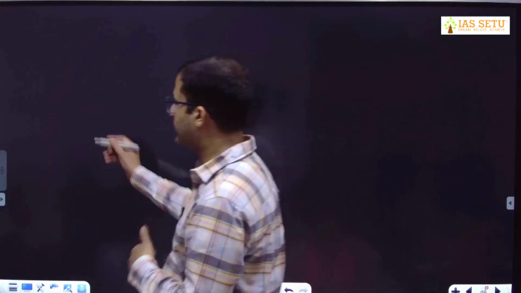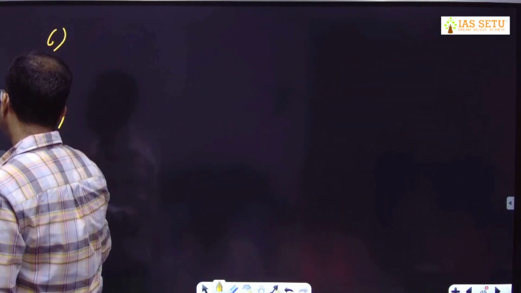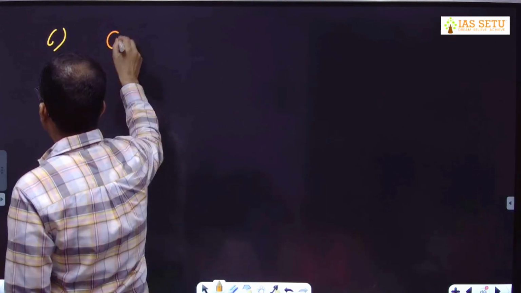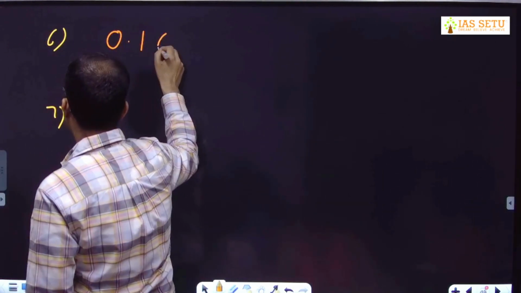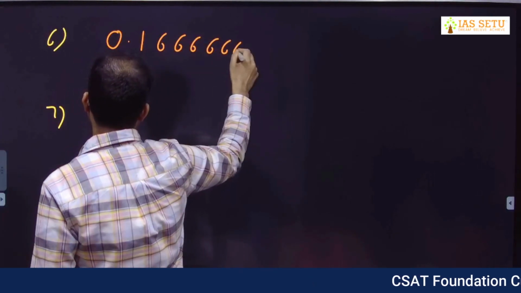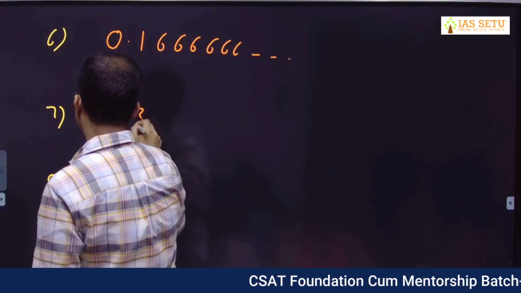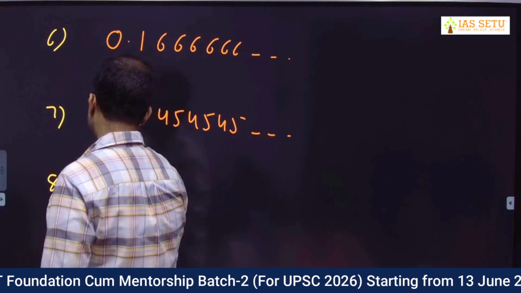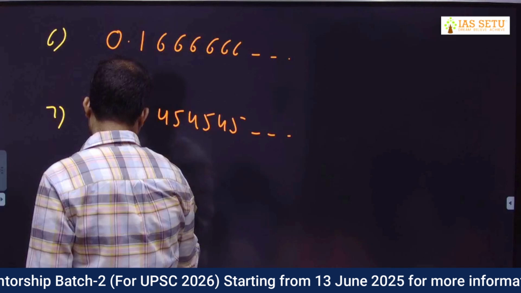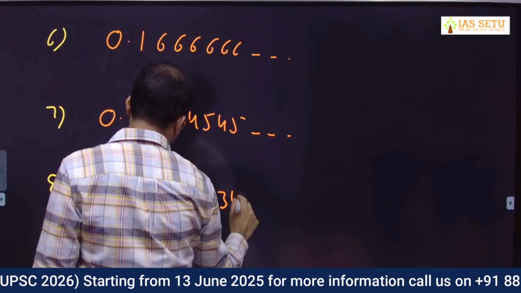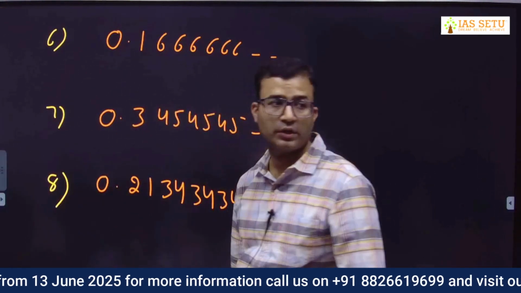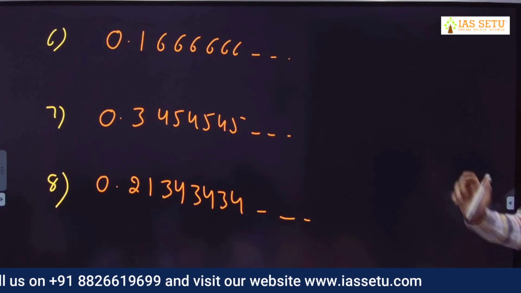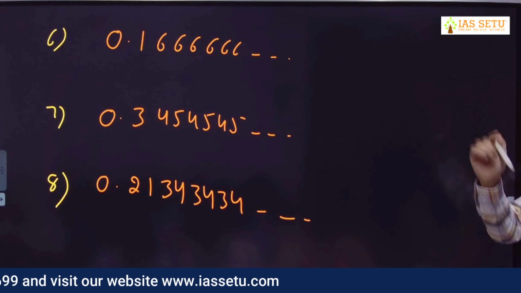Next is question number 6, 7, 8. 0.1 bar on 6, that is 0.1666666. 0.3 bar on 45, that is 0.3454545. 0.21 bar on 34, that is 0.2134343. If you can give me a simplified answer, that is best. Otherwise, at least you tell me what is numerator, what is denominator.